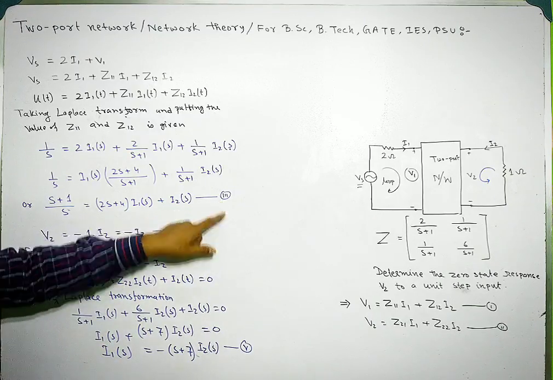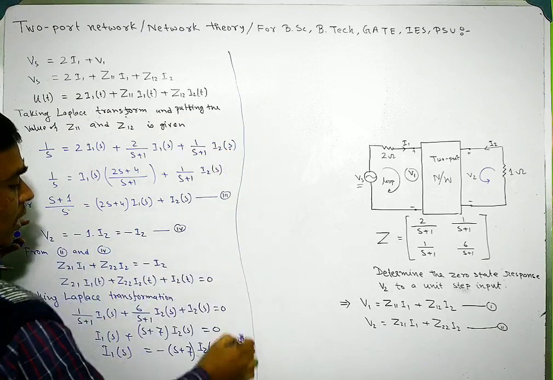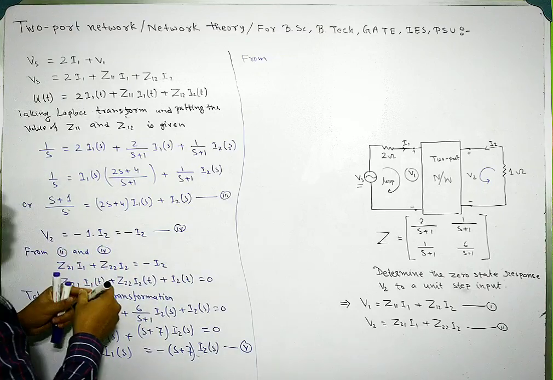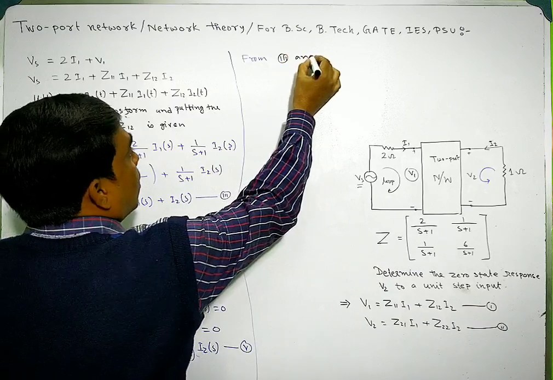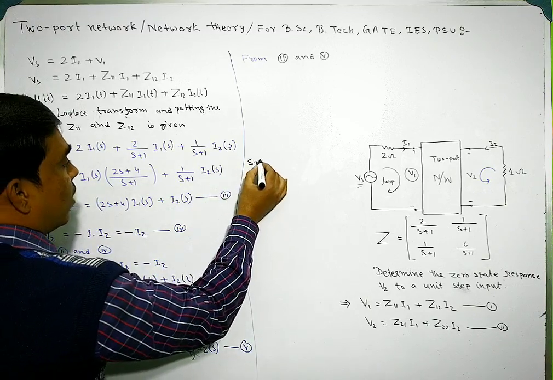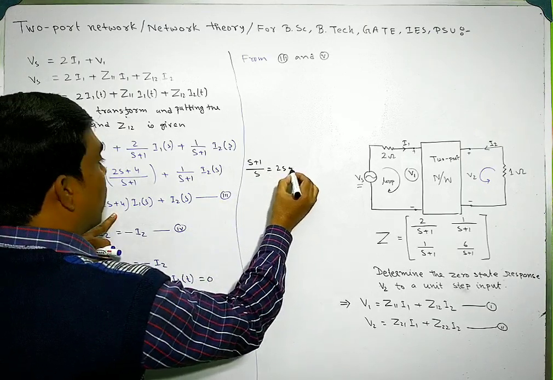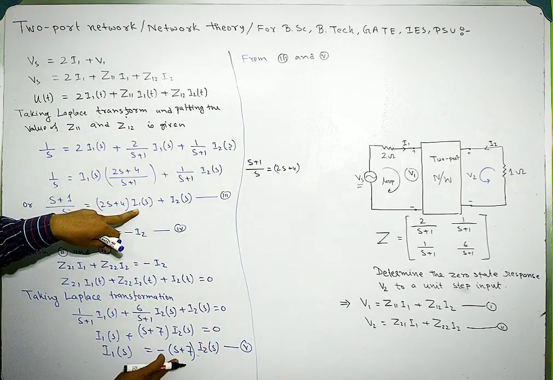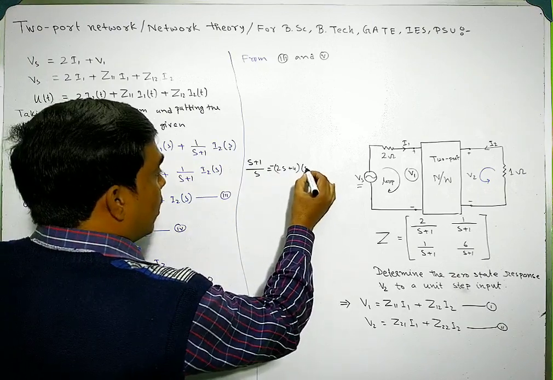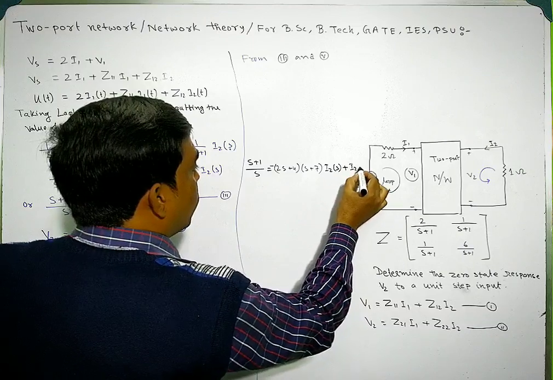So from equations number 3 and 5 we can write that (s plus 1)/s equals (2s plus 4) into I1, and I have taken this minus here, so minus (s plus 7) into I2(s), plus I2(s).